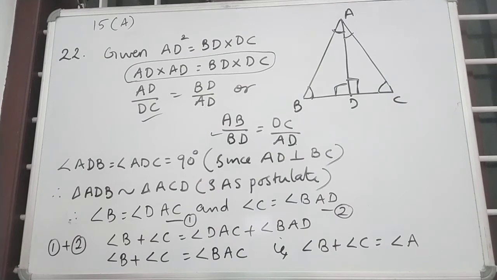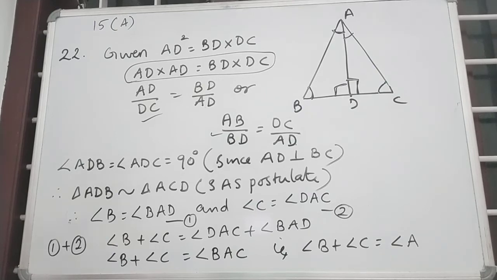Angle B is equal to angle BAD, and angle C is equal to angle DAC. Once again, I will repeat that.